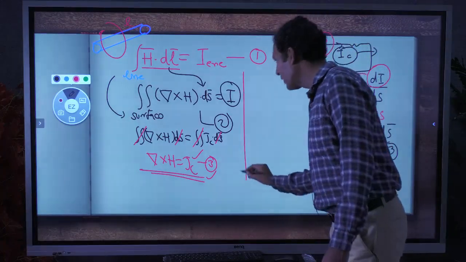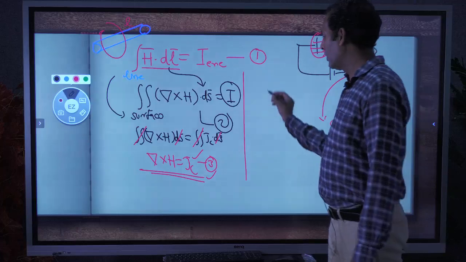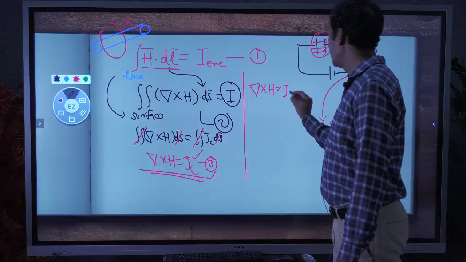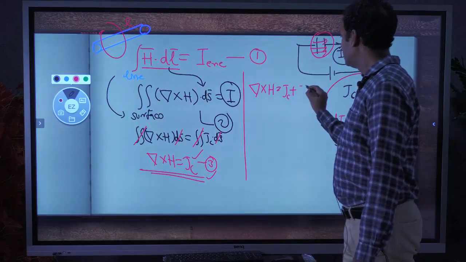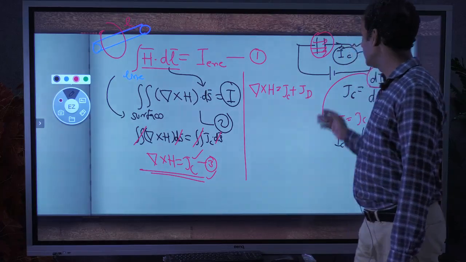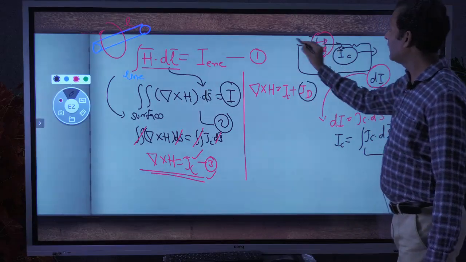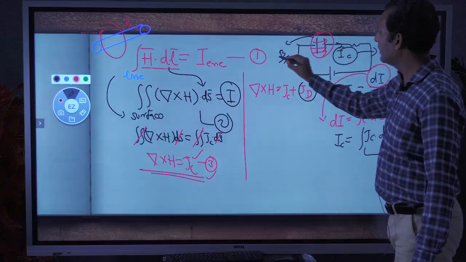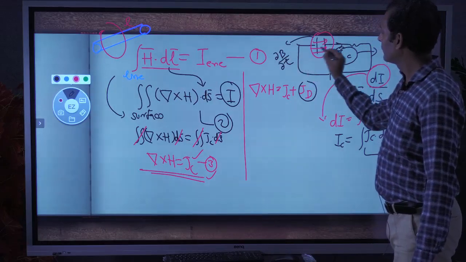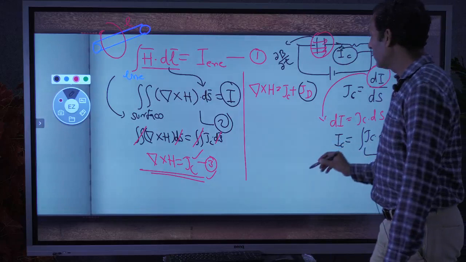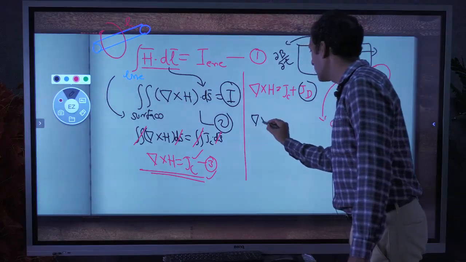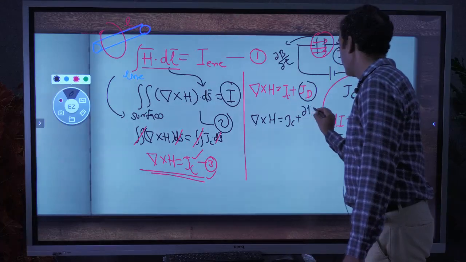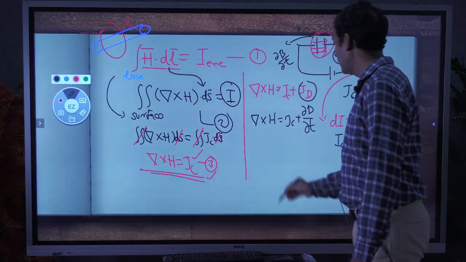So how did Maxwell modify the Ampere circuital law? He said that del cross H will be equal to J plus JD. And what is JD? JD is related to the flux density changing per time in this capacitor. So this can be rewritten as del cross H equal to Jc plus dou D by dou t.